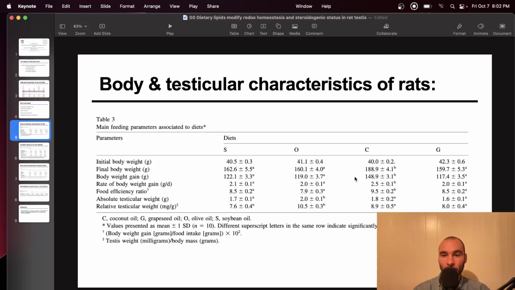So the animals with the largest testicles overall and in ratio to their body were the olive oil fed rats, and in second was the coconut oil fed rats. The grapeseed oil and the soybean oil fed rats came in much less than the olive oil and the coconut oil. And as we're going to see as we go forward, this is going to be a continuing trend for these poor soybean oil and grapeseed oil fed rats.